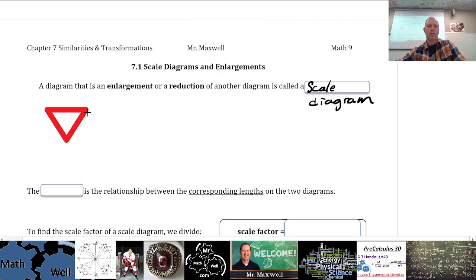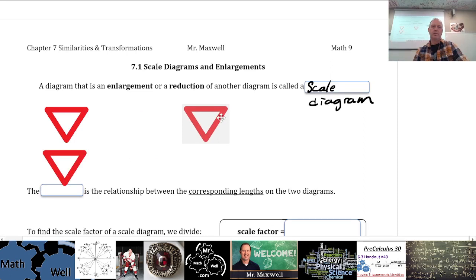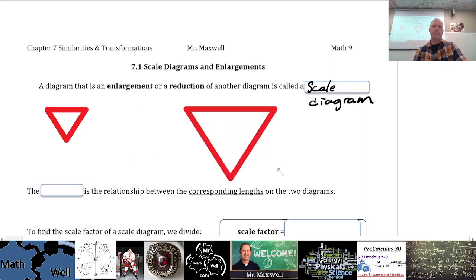Ooh, yield sign. Now, if I made another yield sign right here and made it a little bit bigger but with all the same features, this would be an enlargement of the original. Every corresponding feature in the first diagram to the second would be made just a little bit bigger. Now, when I say every corresponding feature is made bigger, that's not a universal statement. That means it's not true all the time for every little bit.